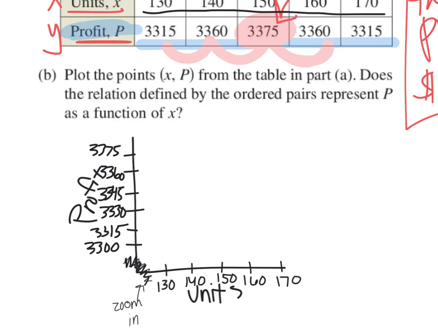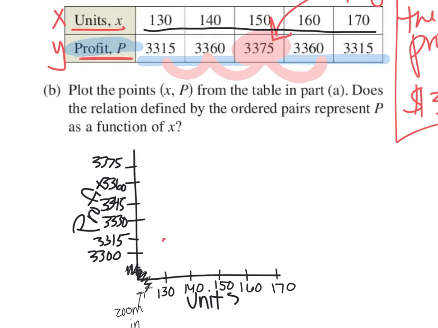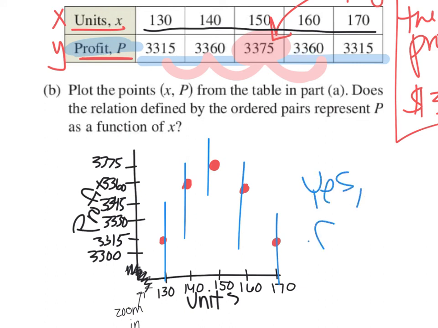So at 130, we have 3,315, 140 goes up to 60, 150 goes up to that 75, 160 goes back to the 60, and 170 goes back to that 15. So it looks kind of like a parabola shape here. And is it a function? Yes, if we use that vertical line test, none of those lines cross through more than once. So yes, it is a function.